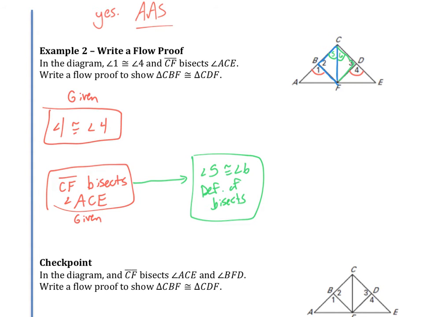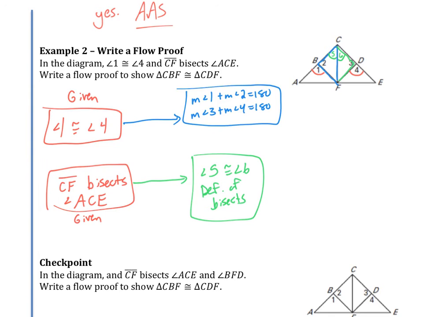Okay, since angle 1 is congruent to angle 4, our next statement's going to be measure of angle 1 plus measure of angle 2 equals 180, and measure of angle 3 plus measure of angle 4 equals 180. Okay, and the reason why we know that is if you look, 1 and 2 form a line together, and 3 and 4 also form a line together.